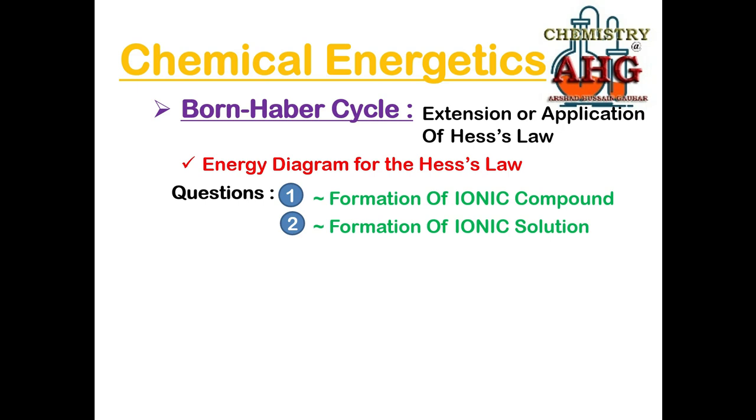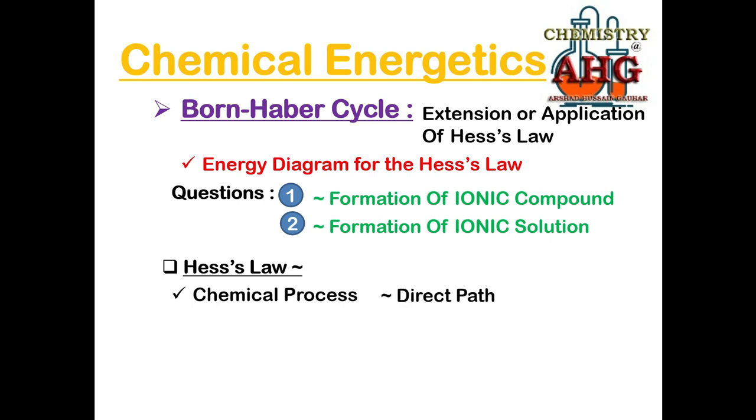As I told you in the previous lecture, there are two important pieces of information that you must always have in your mind about Hess's law. One thing you must remember, according to Hess's law, every chemical process can take place through two different paths, direct path and indirect path. What is the difference? Direct path means the chemical process can be completed through one step only.